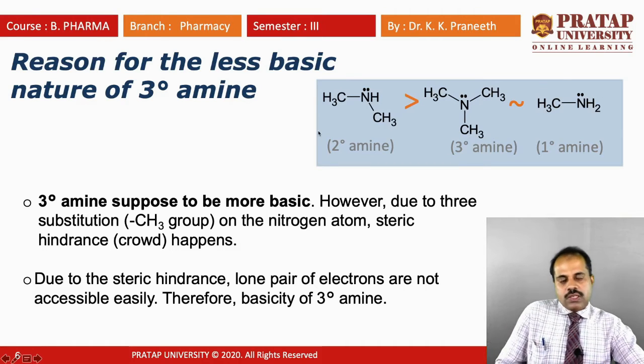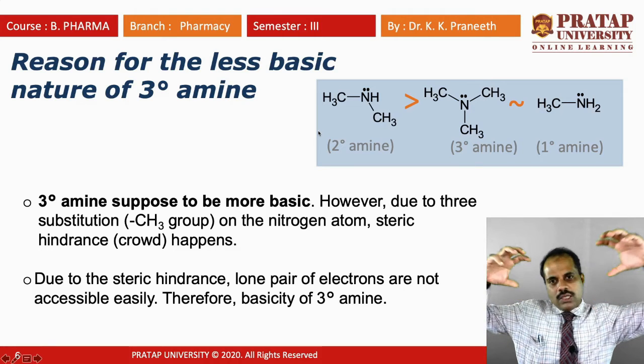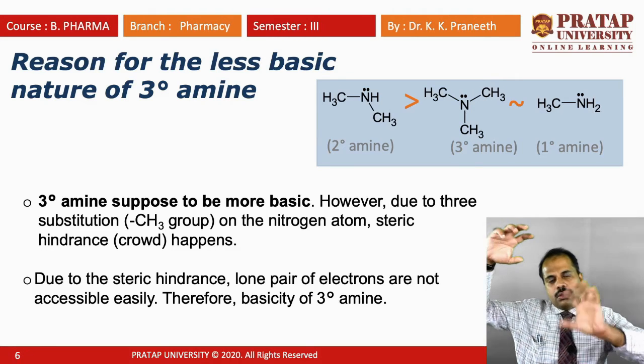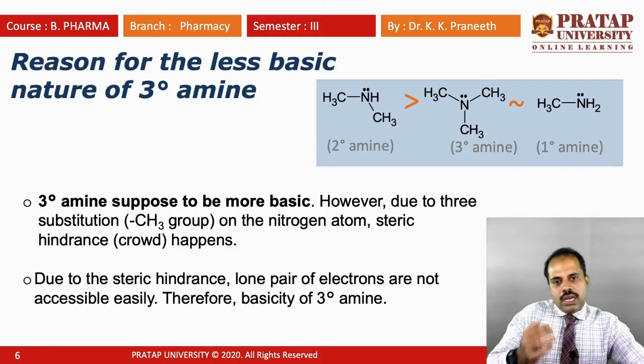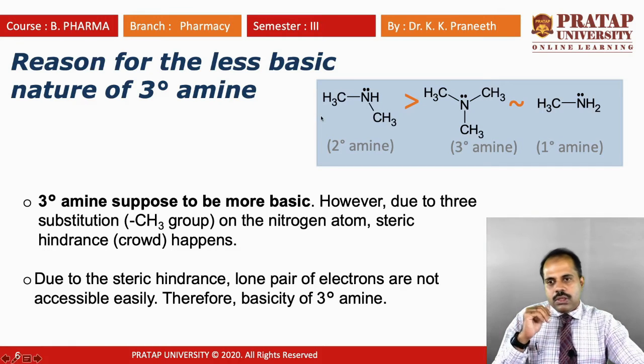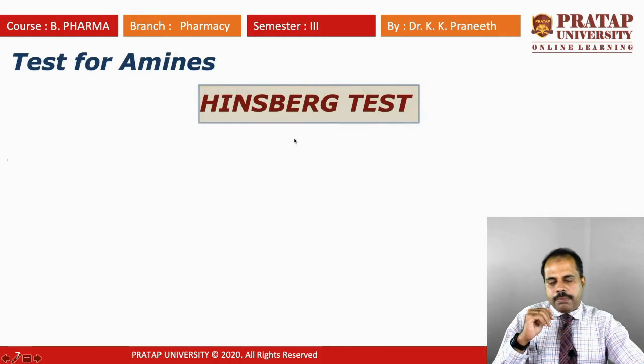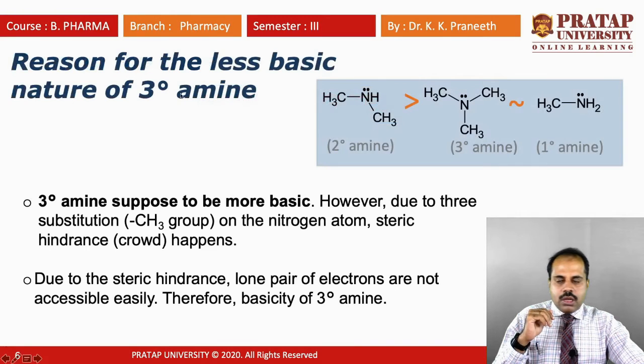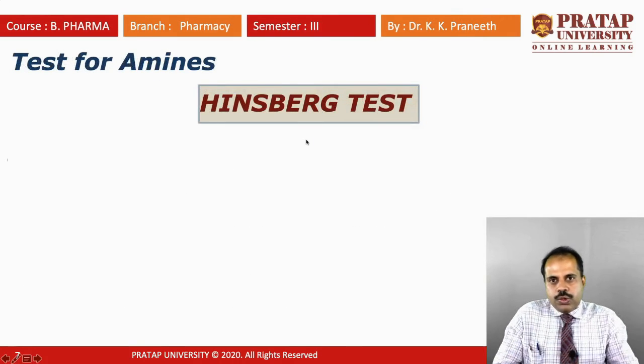So if you get more bulky groups on the nitrogen, the basicity will be decreased. This is important. The basic property of amine, we have to follow this criteria: why basicity decreases or increases based on the substitution group. So with this, let's move on to check the test for amines.